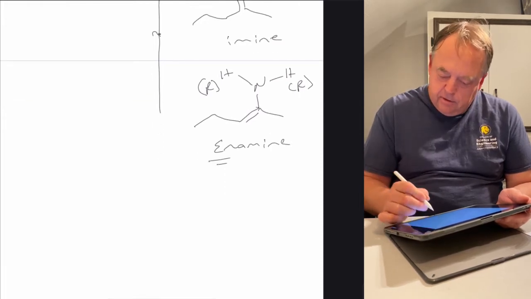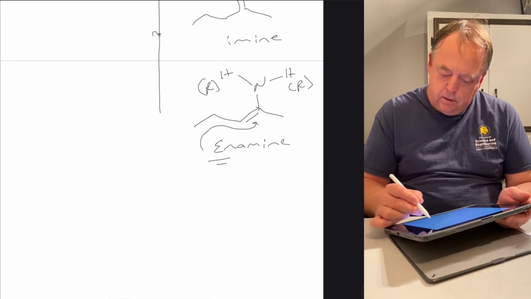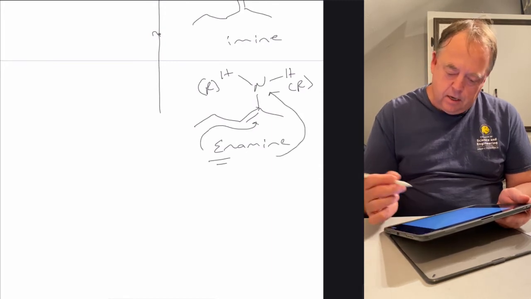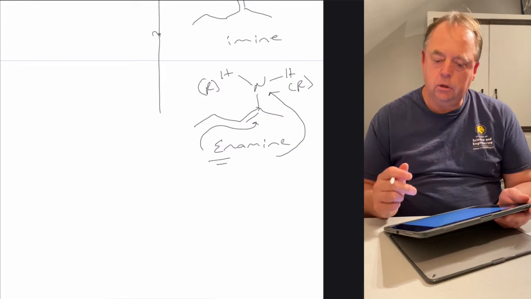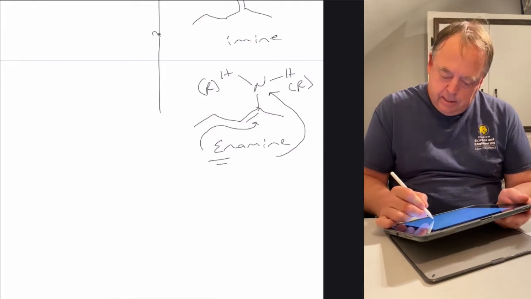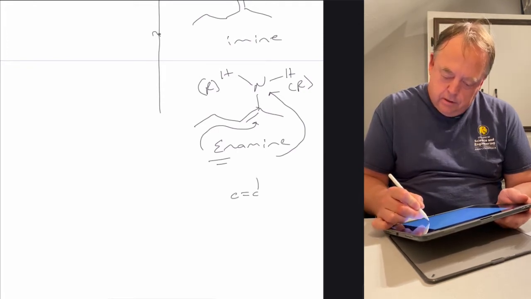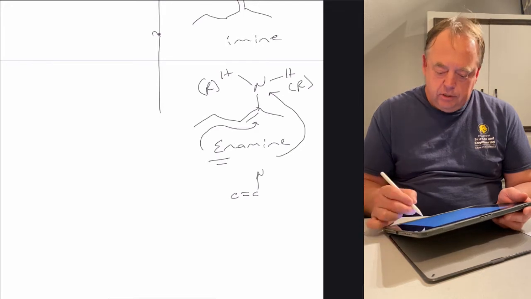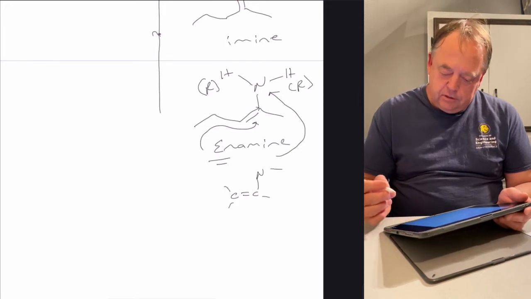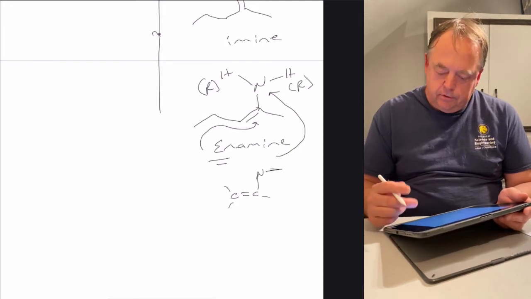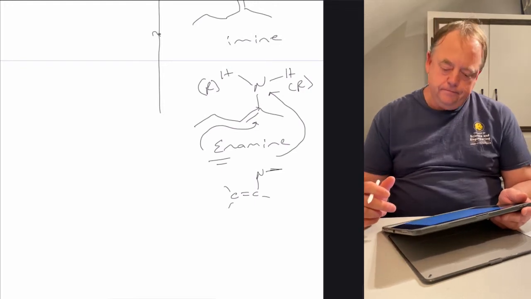So the en from the alkene, and the amine because of the nitrogen attached to the double bond. So to be an enamine, again, it's got to have a carbon-carbon double bond with a nitrogen attached to it, and whatever else is attached to the carbons and nitrogens doesn't really matter.